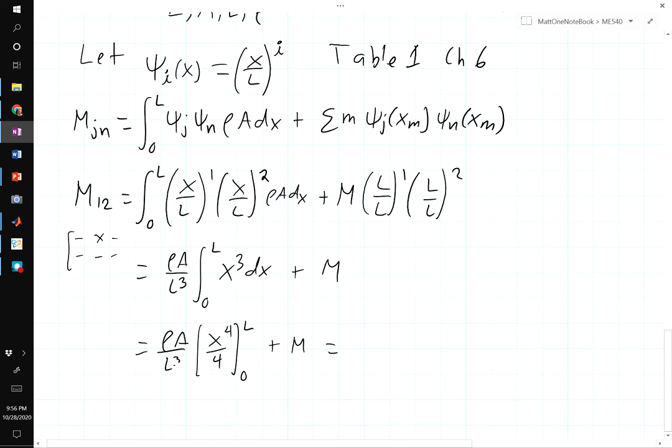So basically we get an L to the 4th in the numerator, and what we ended up with is rho AL times 1/4 plus m, right?